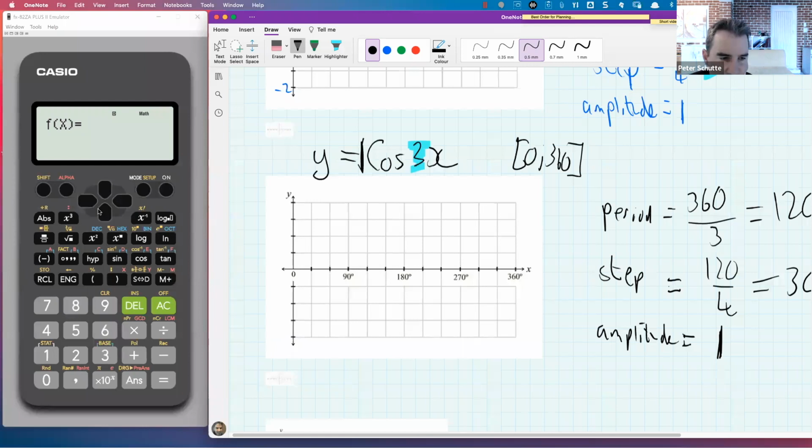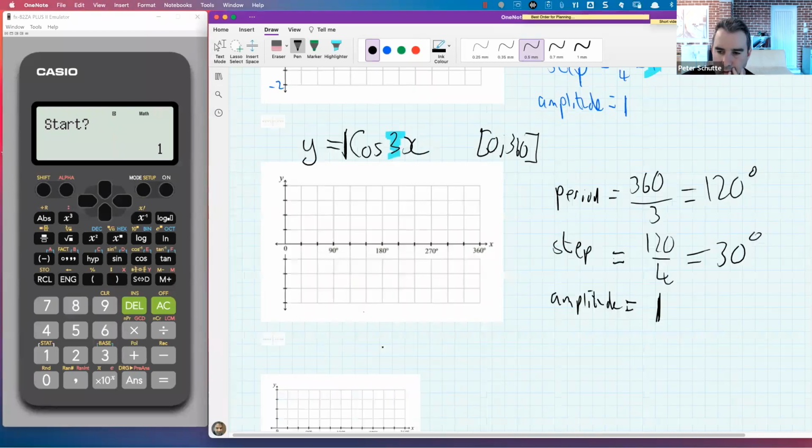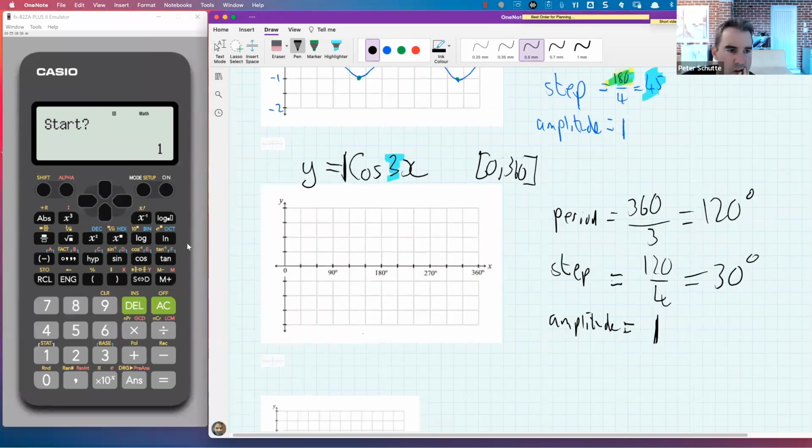So let's see what our calculator has to say about this. Three alpha x, start at 0, end at 360.